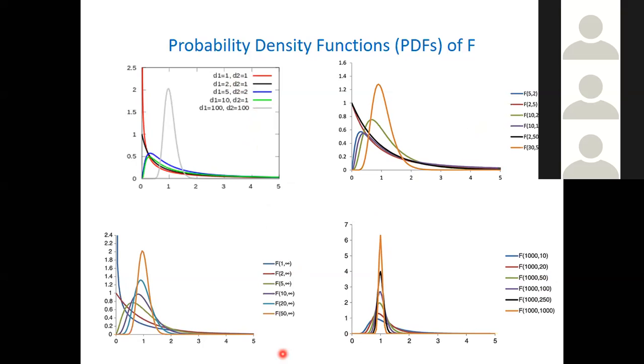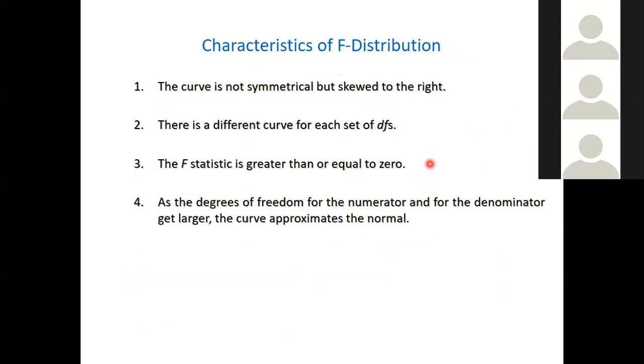Then, just like the chi-square distribution, you see the shape of the F distribution is skewed to the right. It varies from 0 to infinity. Let me explain from the characteristics of the F distribution. The curve is not symmetrical, but skewed to the right. It's not symmetrical like the normal distribution or T distribution, because T and normal are symmetrical.